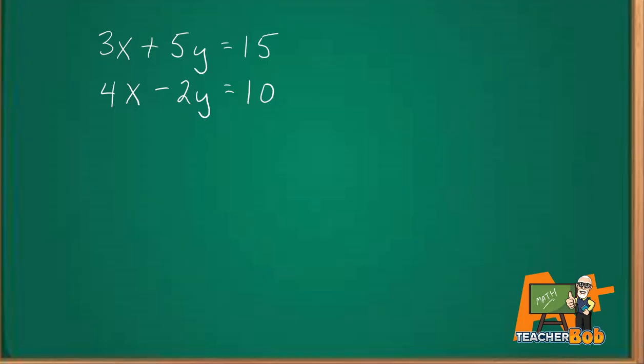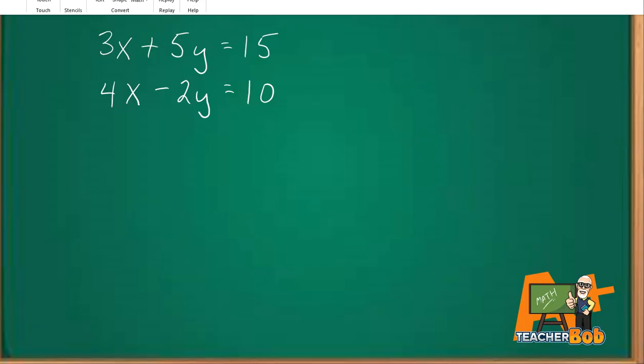Okay, so we need to make the coefficients of either x or y in each of our equations opposites. In this case, we'll choose y. So we have a positive 5y and we have a negative 2y.